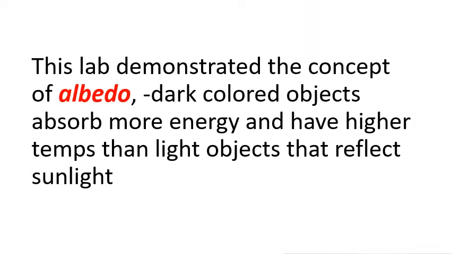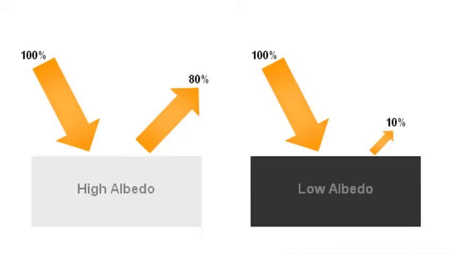The concept that we're looking at here is called albedo. Albedo is the idea that dark colored objects absorb energy and therefore have higher temperatures than light objects that tend to reflect sunlight. It works like this. A high albedo object has about 80% of its sunlight just hit it and bounce off because light colors bounce off sunlight.